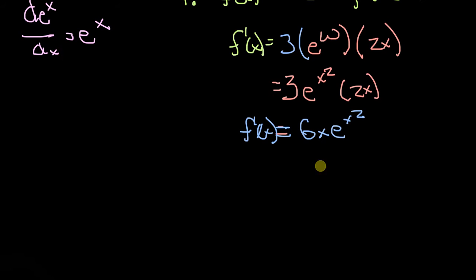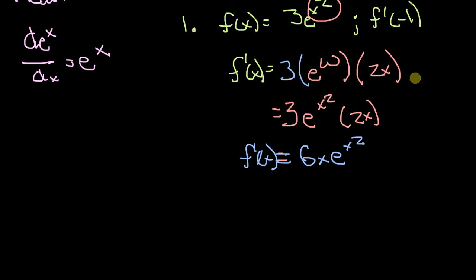Okay, so now we'll finish off the question, and if we go back here, they want us to solve it at -1. So if we take this derivative, f prime at -1 is equal to 6 times -1 times e to the power of (-1) squared.